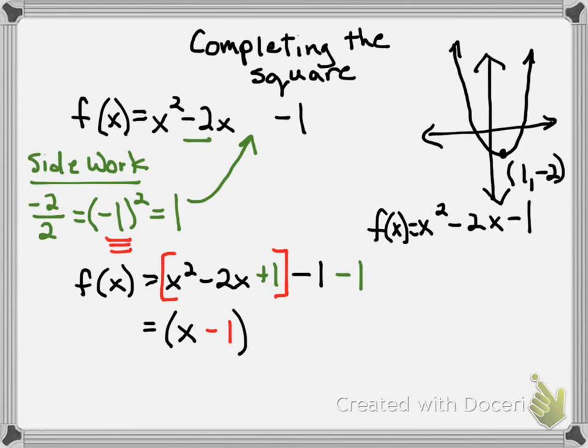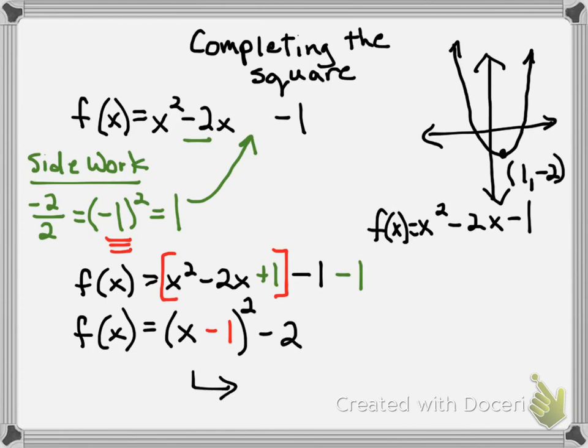So this -1 is what actually goes there when you do your x minus 1 squared. And now you just combine the stuff that's tacked on at the end. And that's it. It's done. We have completed the square.